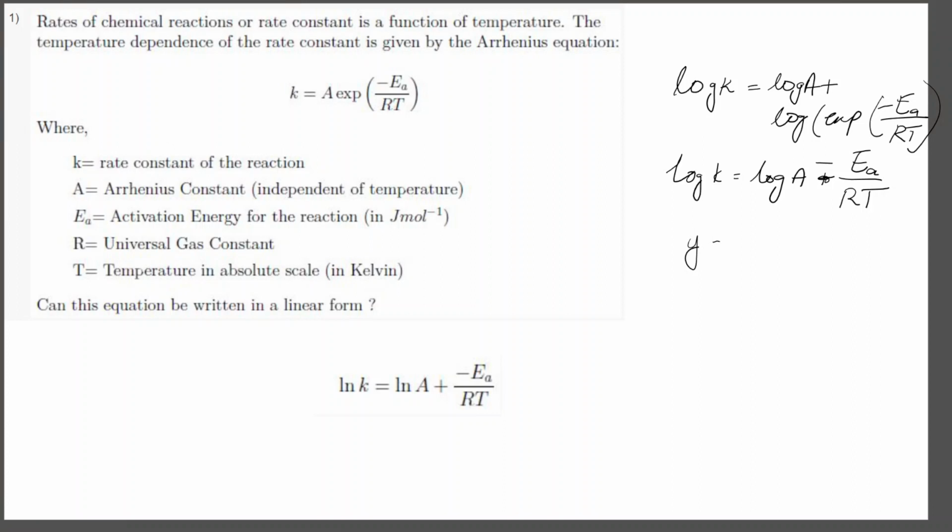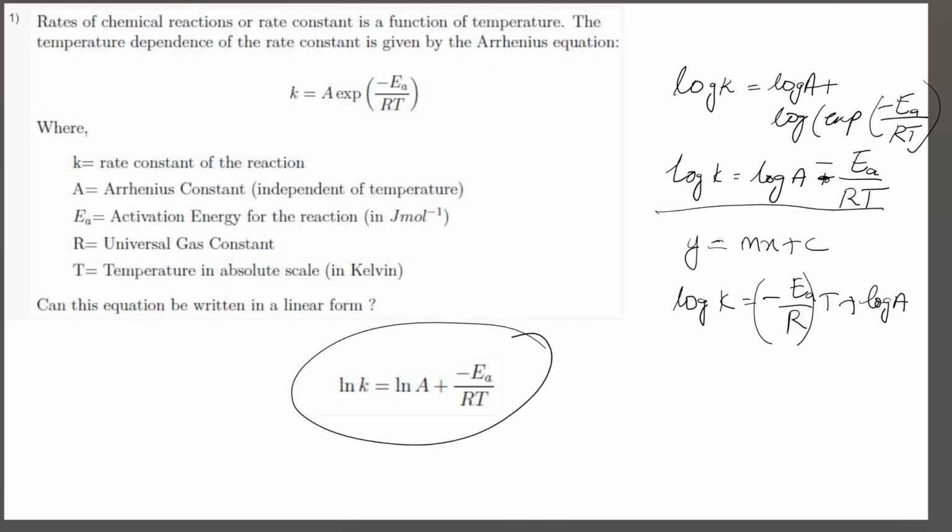Here y is log of k, which is equal to minus EA by R into 1 by T plus log A. So this is the slope and intercept here. We will deal with this in the next problem and know the significance of it. So this is the linear form. Again, I have written it digitally.